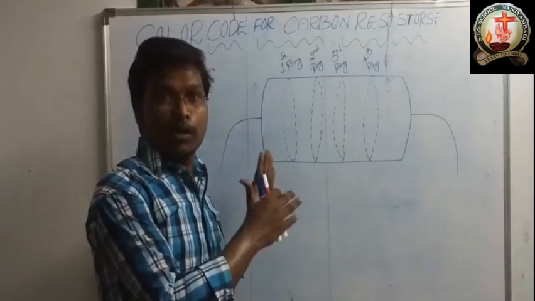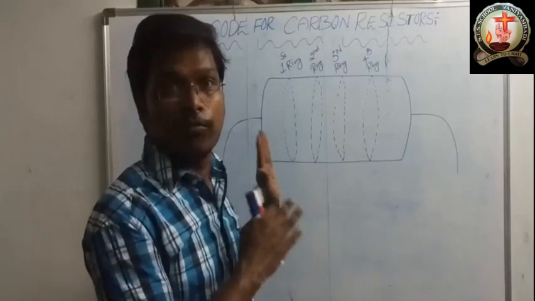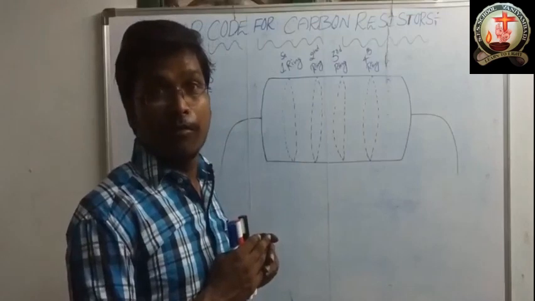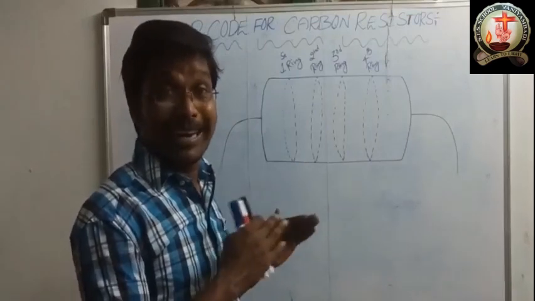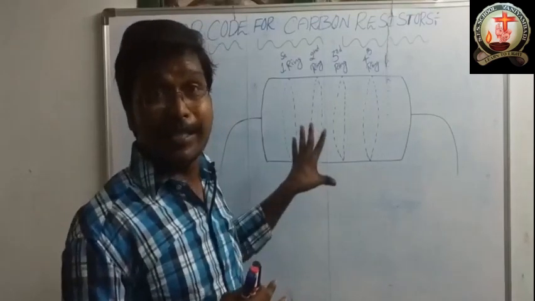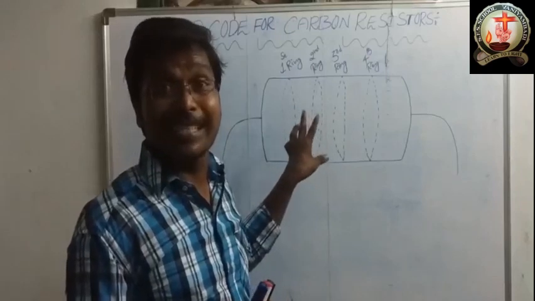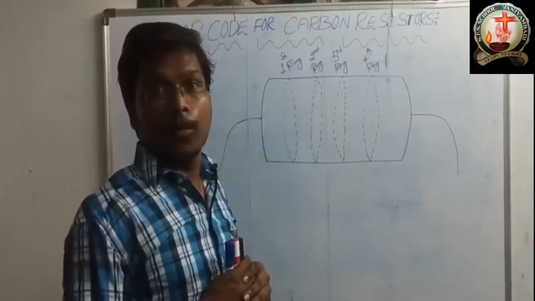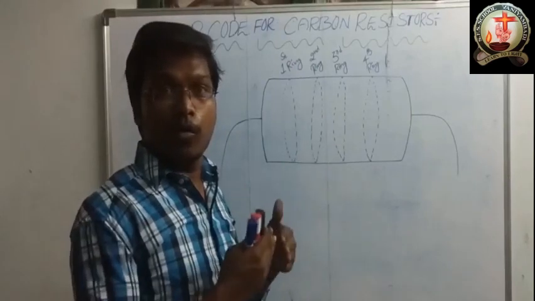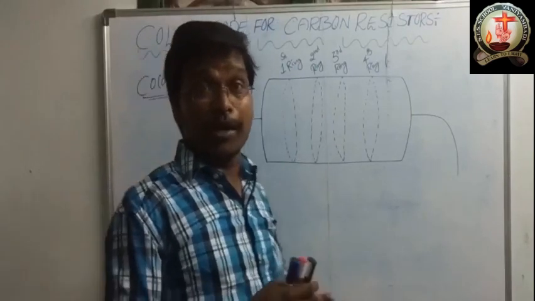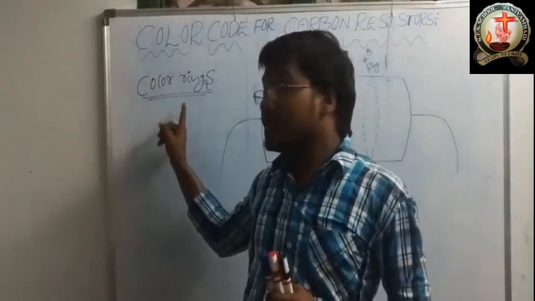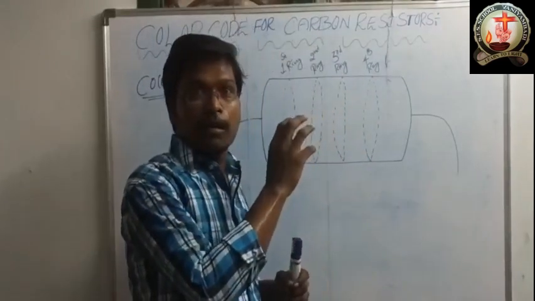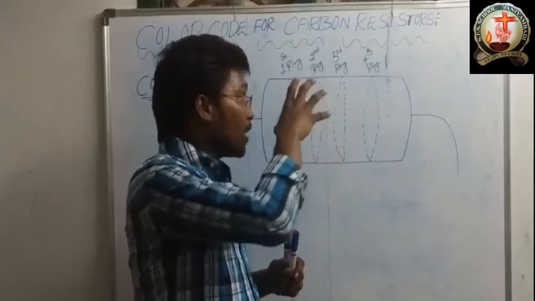This is the general structure of the carbon resistor. I need to find the resistance value of this carbon resistor. So how should I find it? I told you already, by the use of the color rings method, I can find the resistance value of this carbon resistor.